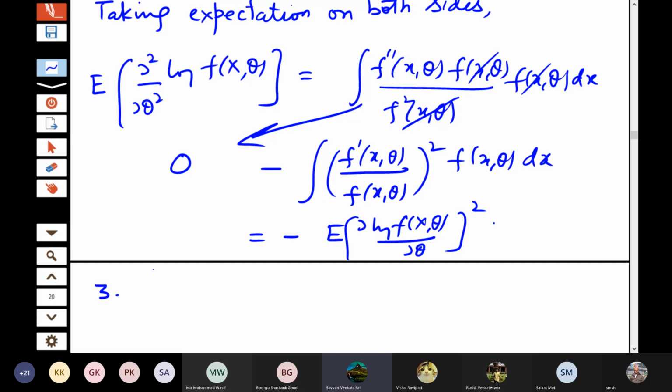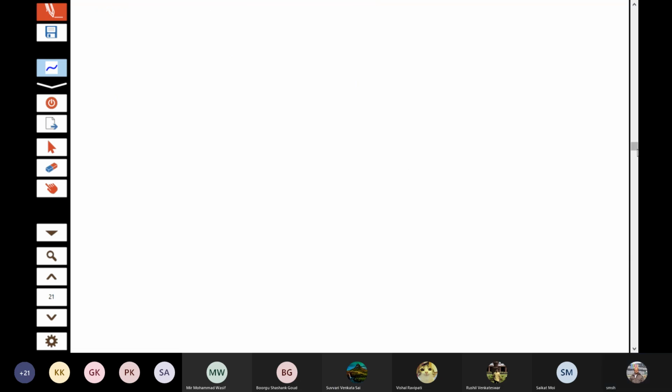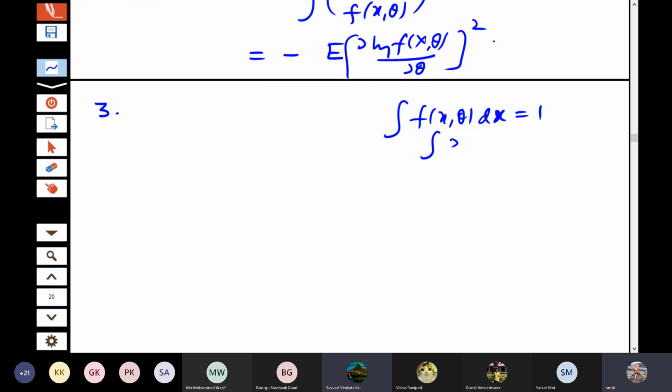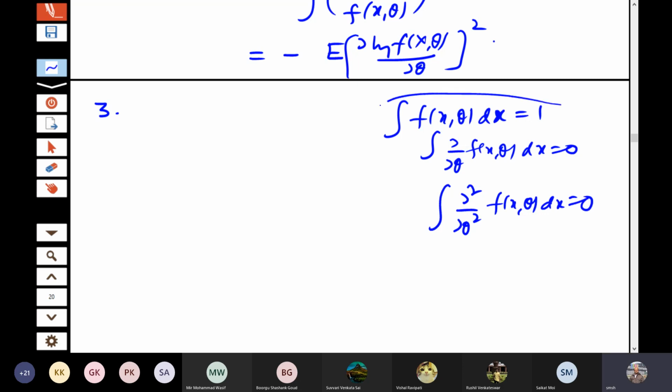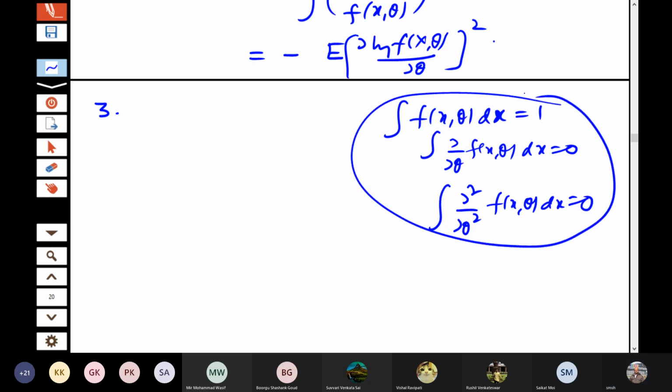That is simple: the integral of f(x;θ) dx is 1, so if you differentiate with respect to θ, you get ∂/∂θ f(x;θ) dx equal to 0. If you differentiate again, that is also 0. Is that okay? Yes, sir.